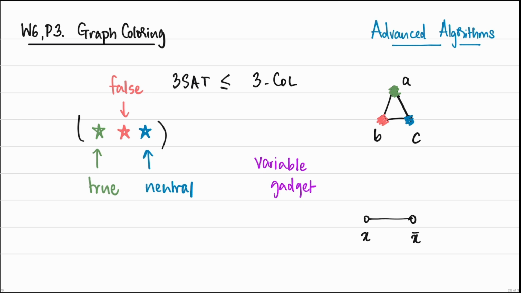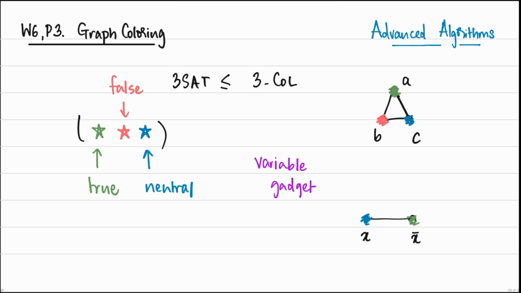But now if we just leave it at this, we have a problem, because now, for instance, a 3 coloring could color x blue and x bar green, but I don't want that situation. I want x and x bar to be colored either green or red, but not blue, so that I have a clean semantics on what the coloring means as an assignment.